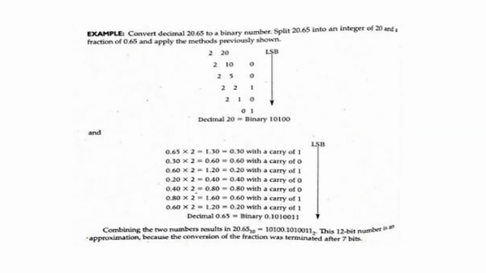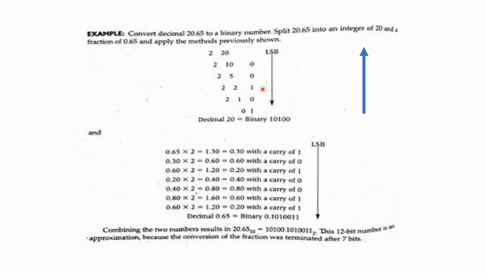Okay, so this one is an example of how to convert decimal to binary. You start with the whole number, 20. So again, how do you do it? To binary, divide. 20 divided by 2, and then you get the remainder. And how do you read it? It's from below.